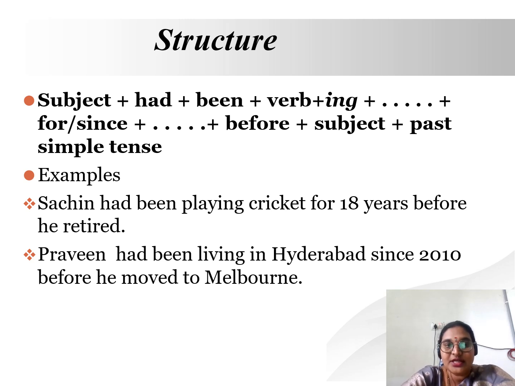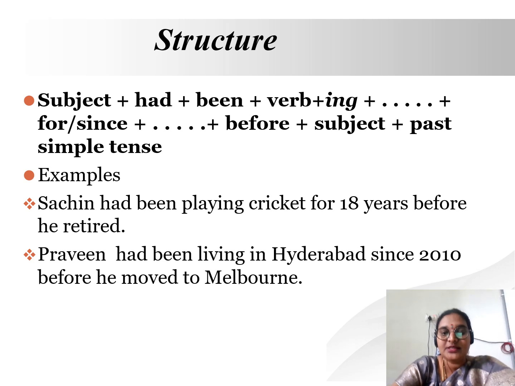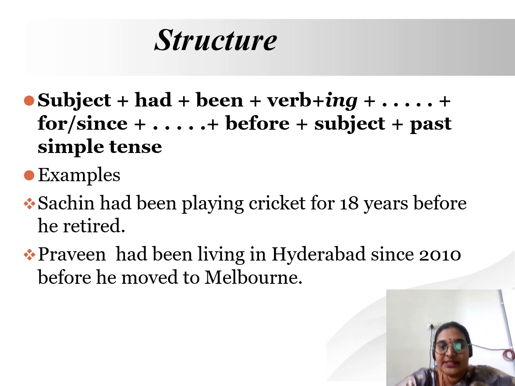So the sentence structure is subject plus had plus been plus verb plus ing form. As usual, we can take either since or for to express this, like since for the point of time, and for the period of time.